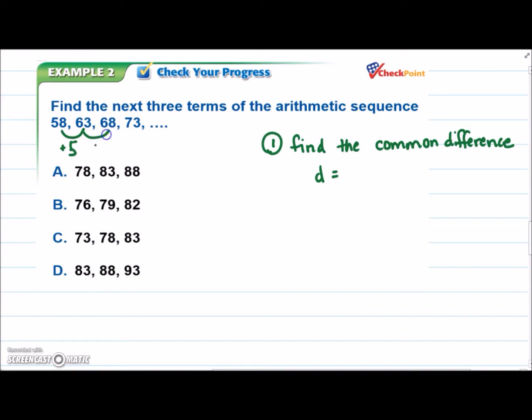And then 63 to 68, and 68 to 73. So we know that the common difference is 5. So 73 plus 5 is 78. That's the only one that starts with 78. So our answer is A: 78, 83, and 88.